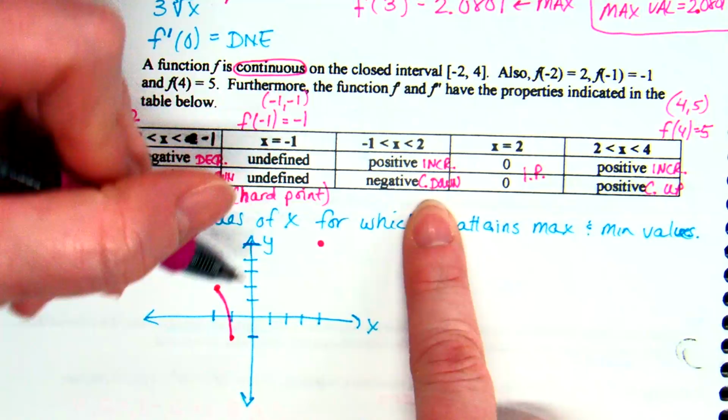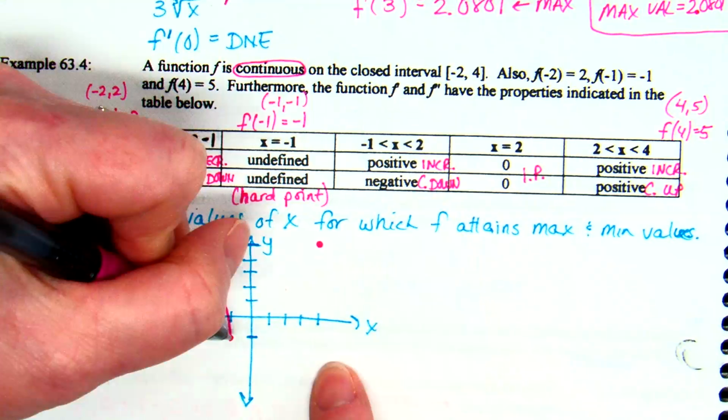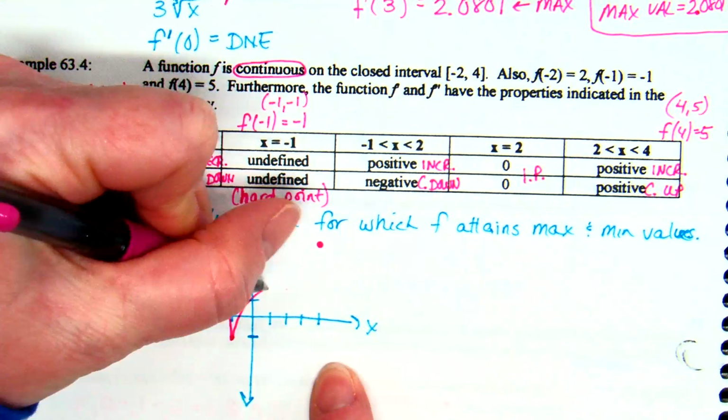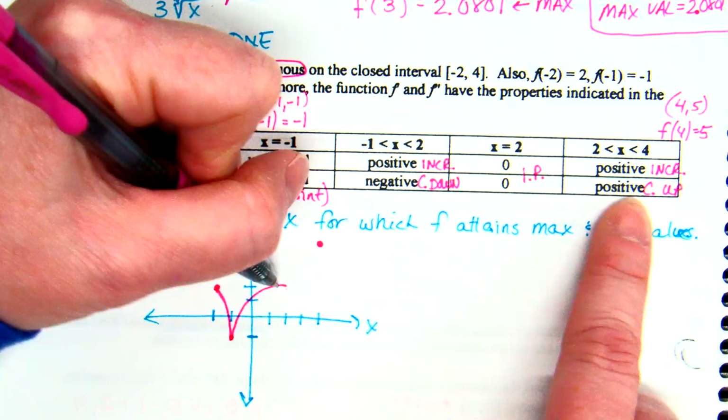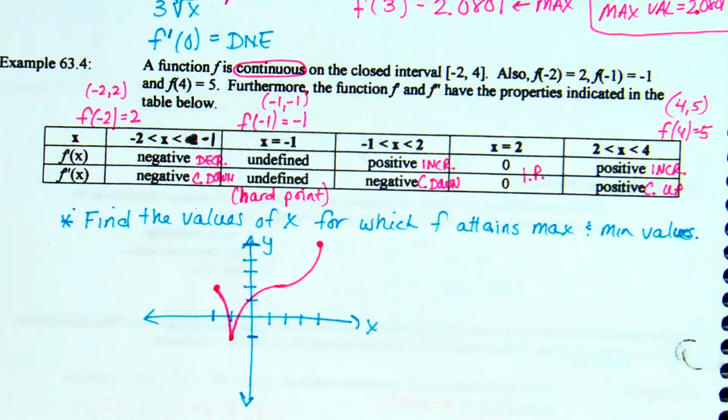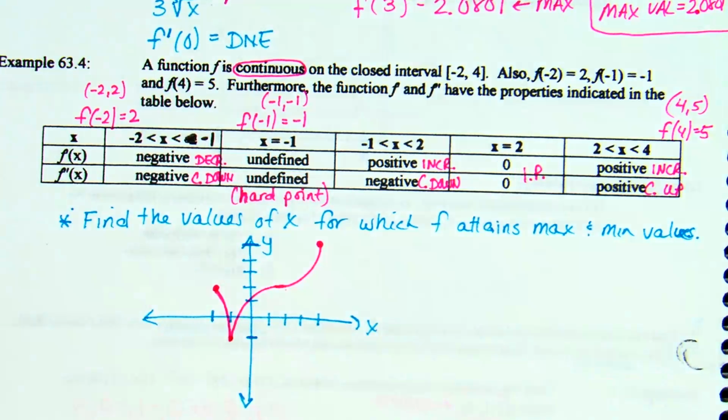From negative 1 to 2, it's increasing but concave down. So that means my graph is increasing, but it's facing down. At 2, I have an inflection point, and I'm still increasing, but now my graph is more concave up. I know that's quick. I'm sorry. Does that make a little bit of sense?